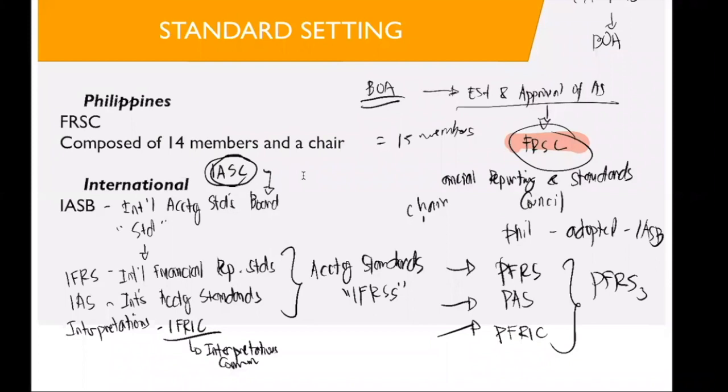Sir, is there a problem with adopting the accounting standards and not making our own here in the Philippines? Actually, there is no problem, because the accounting standards provided by the international body are composed of the inputs of different standard setters from different countries across the globe.